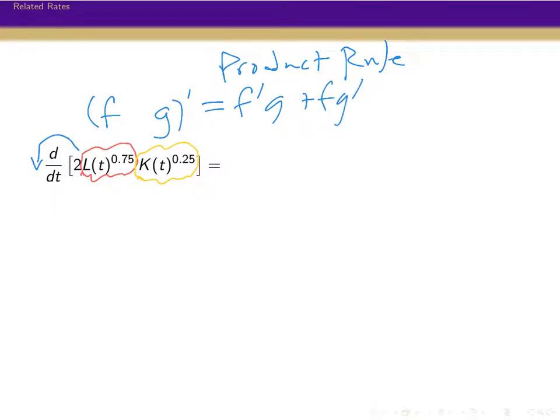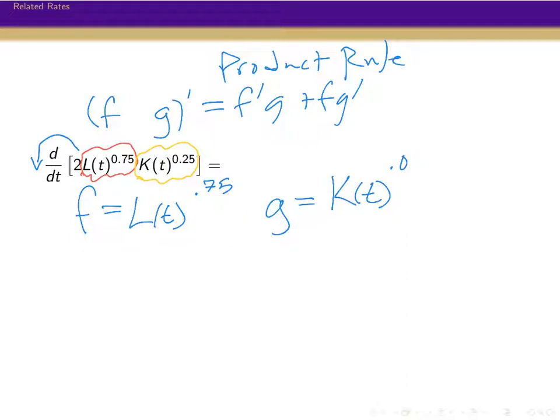Okay, so our F function here is L of t to the 0.75. Our G is K of t to the 0.25.